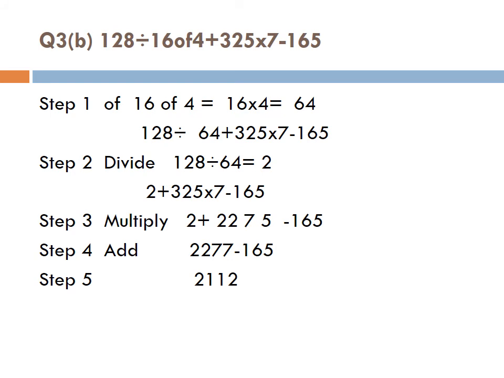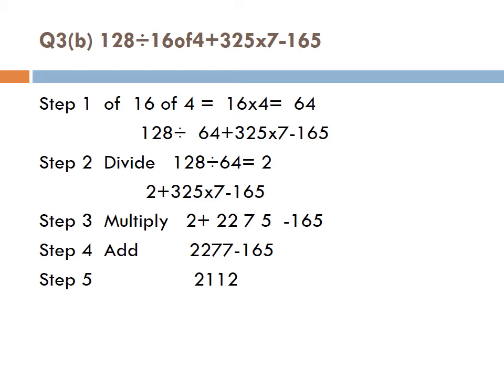Question number 3, B part. 128 divided by 16 of 4 plus 325 multiplied by 7 minus 165. Okay. Step 1, solve off. Off is written between two numbers. 16 of 4. 16 multiplied by 4 is equal to 64.